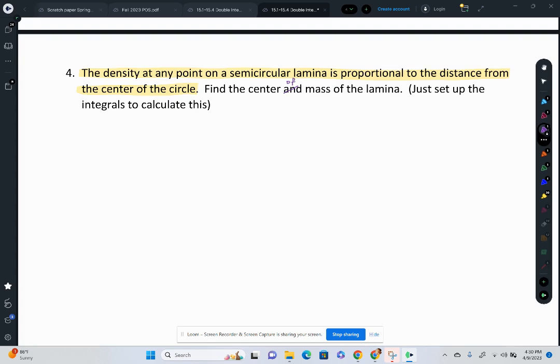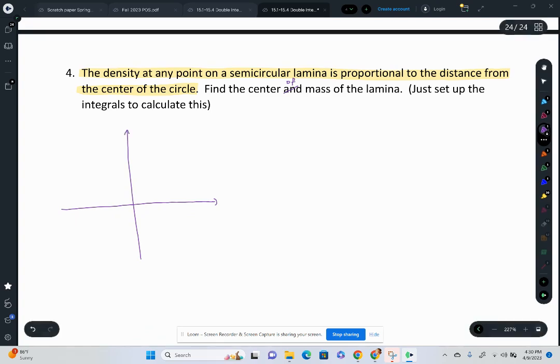First, we need to draw a semicircle. We can assume that the semicircle is the top half, and we do not have an actual radius for our semicircle. This is completely arbitrary. So let's also define this. We're going to let, how about "a" be the radius of the semicircle.